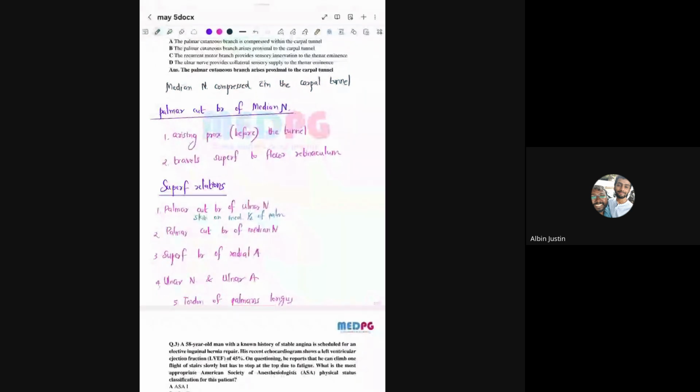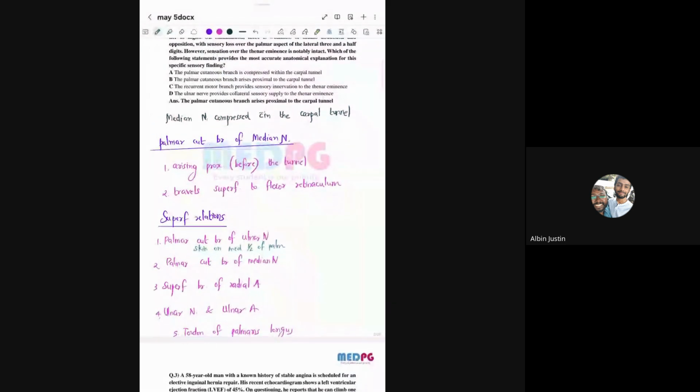All these are the deep relations. In carpal tunnel syndrome, the median nerve is compressed beneath the flexor retinaculum. The sensory loss is only on the lateral 3.5 digits on the palmar side, and there is thenar muscle loss. The palmar cutaneous branch is spared.